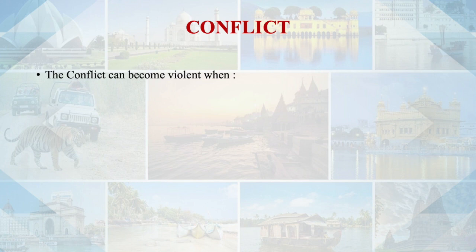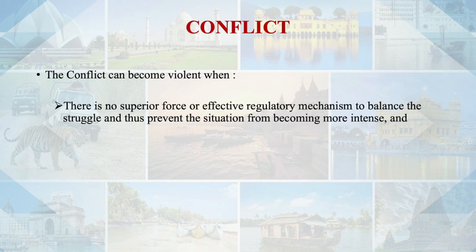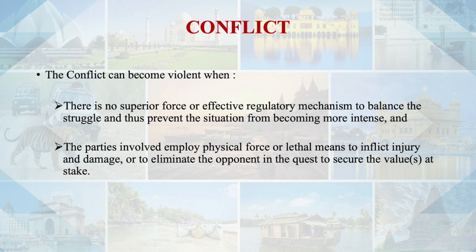So, how can conflict become violent? Conflict can become violent because there is no superior force or effective regulatory mechanism to balance the struggle and thus prevent the situation from becoming more intense, and if the parties involved employ physical force or lethal means or inflict injury and damage to eliminate the opponent in a quest to secure their respective values which are at stake.